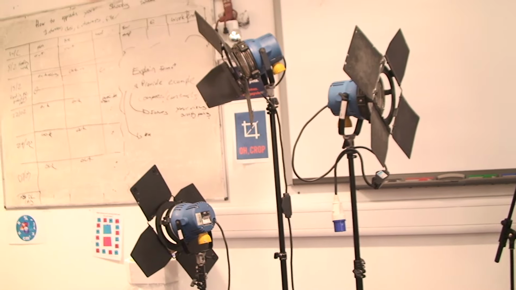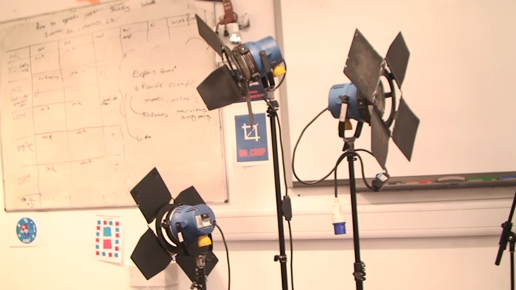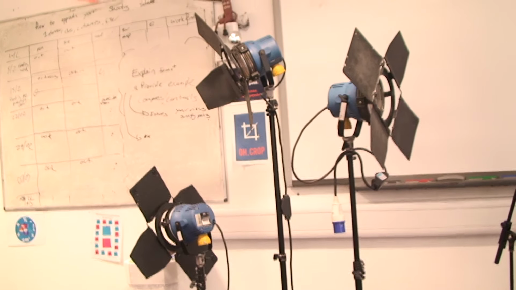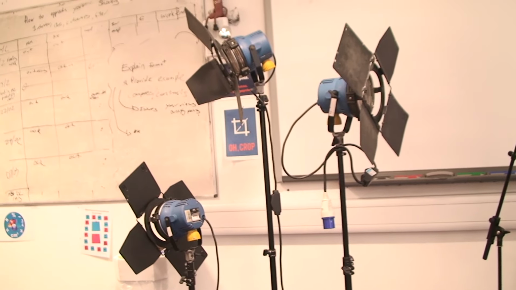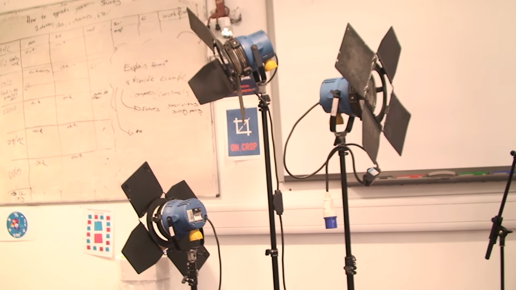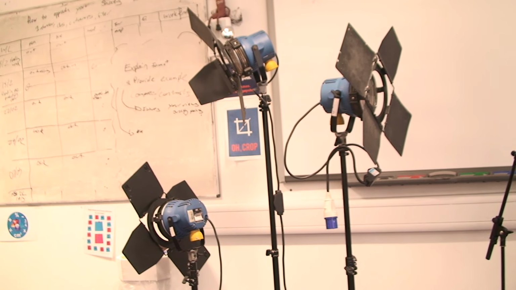So when you've finished with your lights, just make sure you let them cool down before packing them away. Unplug them all, unplug everything, and just let the lights stand for about half an hour so they cool down. Okay?